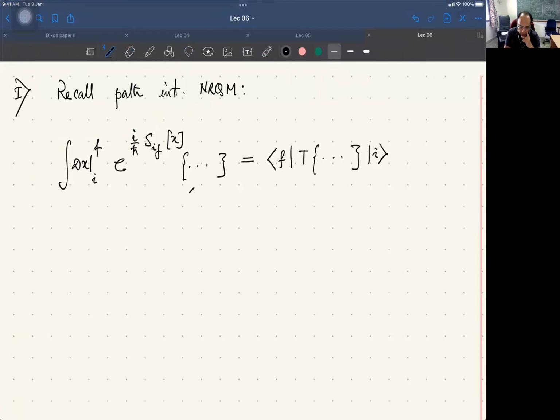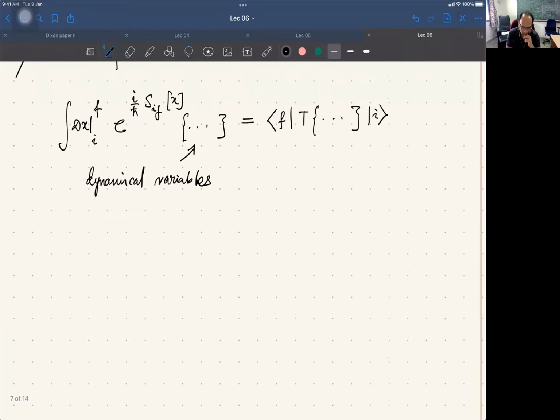So these insertions are dynamical variables involving x, x dot, and so on.